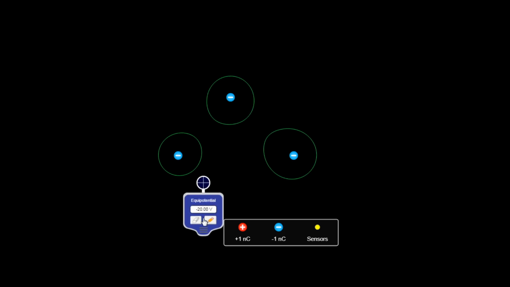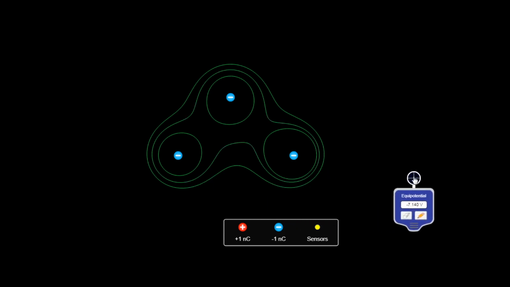Based on this you can recall the nature of equipotential surfaces for different charge configurations. You don't have to memorize, and for that you should have a practice of these activities.